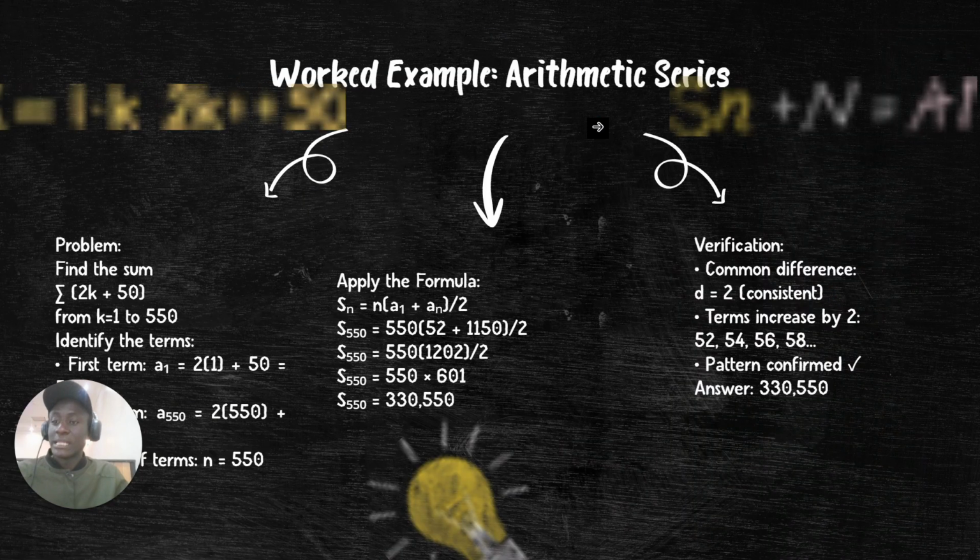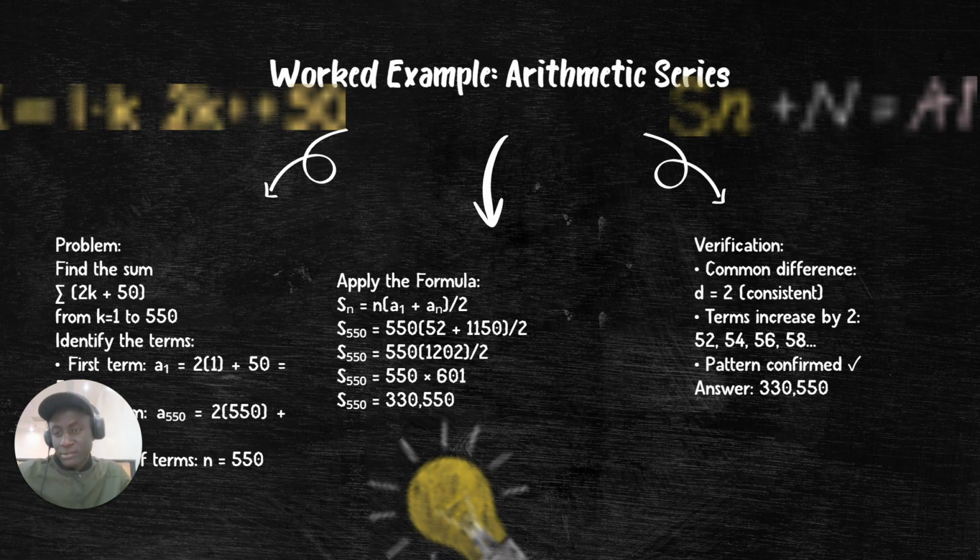Let me do an example before I let you go. So find the sum of summation, that's our sigma notation, 2k plus 50. So we are starting from k is equal to 1, and that's the first term, to 550, and that is the last term.